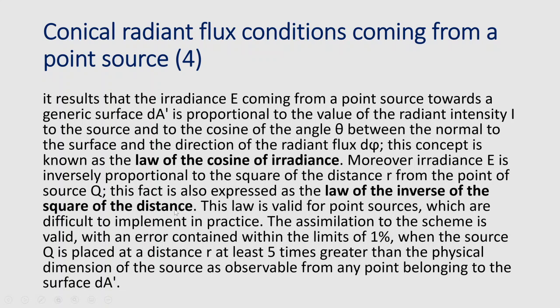So if you are very distant, that means that a very poor quantity of energy will strike your sensor. This law is valid for point sources, which are difficult to implement in practice.